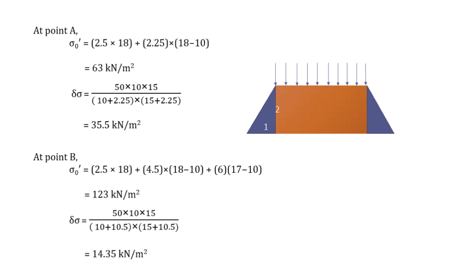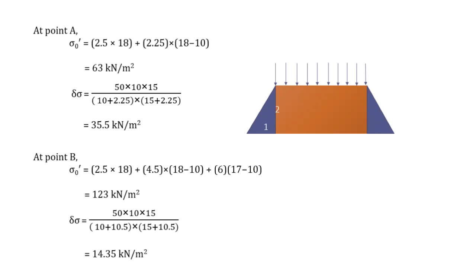Now, what is the increase in effective overburden pressure? 50 kilonewton per meter square is the net intensity of load acting at the base of the footing, multiplied by the size of the footing. So this is the load acting at the base of the footing. Now it is dispersed. We have to find the intensity at the level of point A, at the middle of layer 1. Now we are coming down 2.25 meter from the base of the footing.